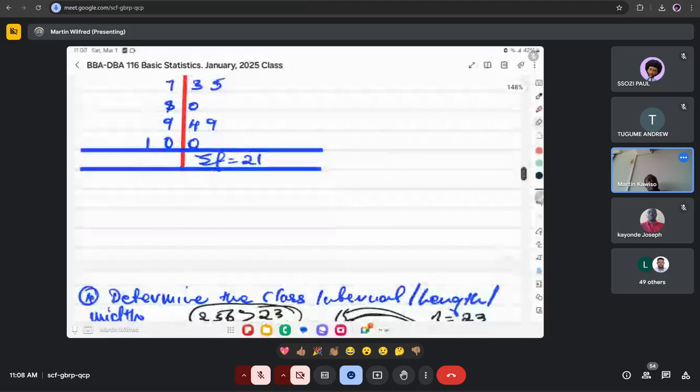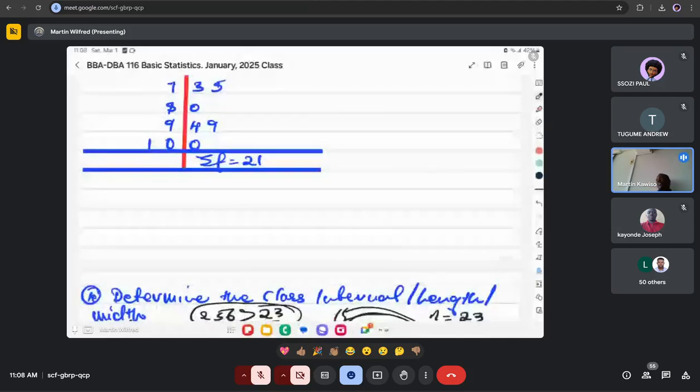One is that we identify the smallest and largest value for a given data set, or the least and largest, or minimum and maximum value. That's the first thing you do. Two, you determine their range value. And of course, we know range value is the difference between the highest and what? The lowest.